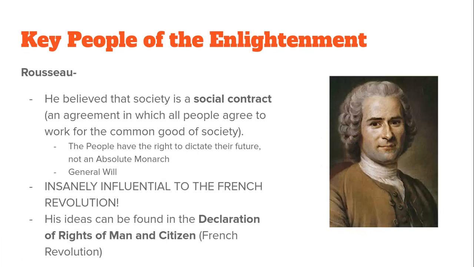These are thoughts that are coming from the Enlightenment, and these are thoughts that we have today, right? And even in the French Revolution, we see Rousseau's ideas used and actually cited to form really important documents like the Declaration of the Rights of Man and Citizen. It's just a really, really big deal and something we need to recognize moving into the Regents exam.